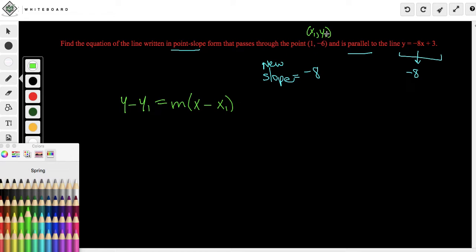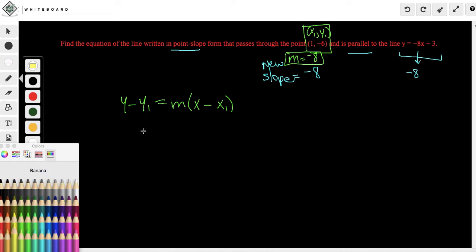So when we're substituting in, that's what we're going to use. Our slope is m, so our slope is going to be negative 8. This is all the stuff that we're going to have to fill in to our point slope form. All right, so let's go ahead and fill in some stuff and see what happens.